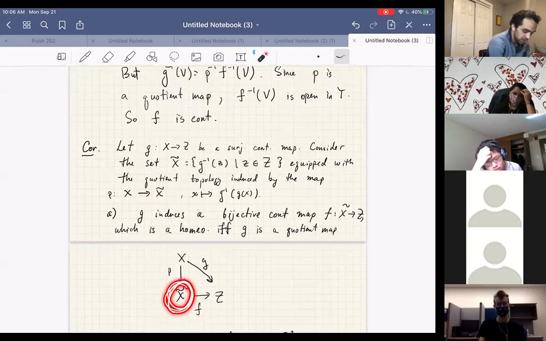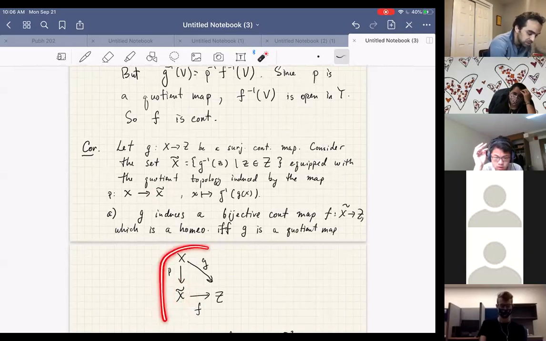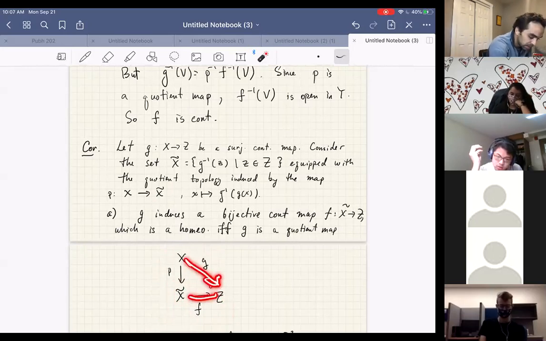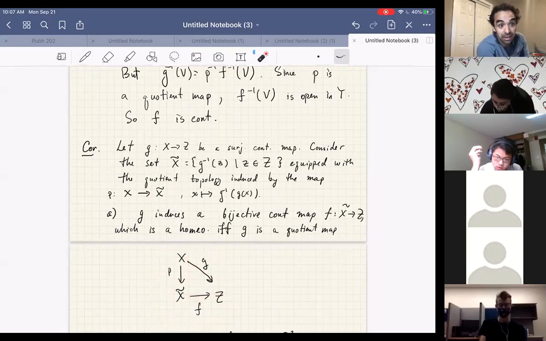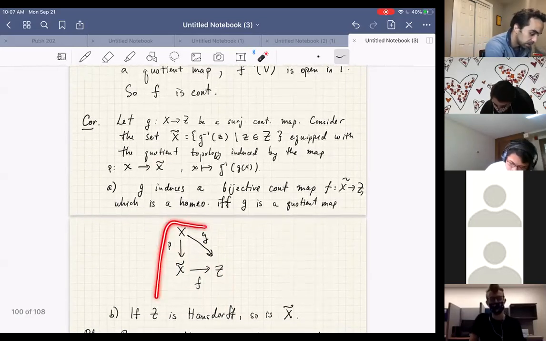The topology here is the topology with the smallest number of open sets, the coarsest topology, so that this condition is satisfied: that a map like that descends to a map like that. That's the idea.